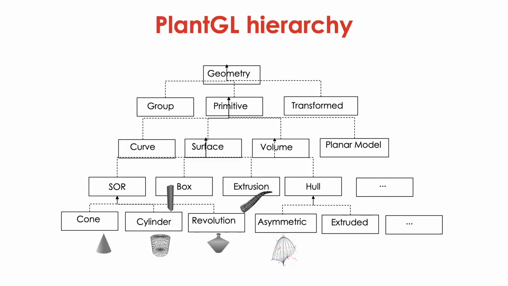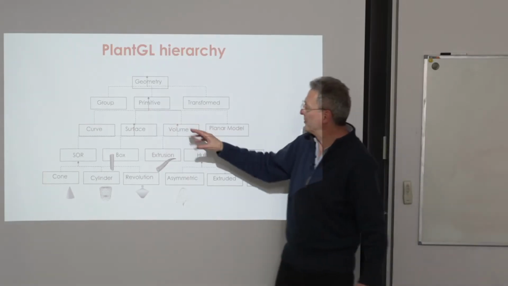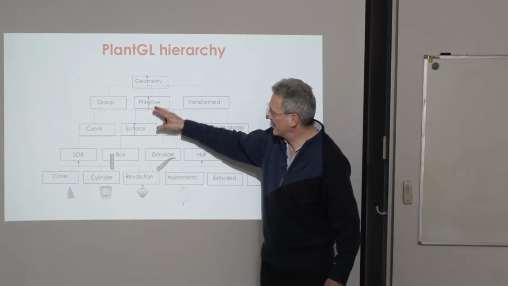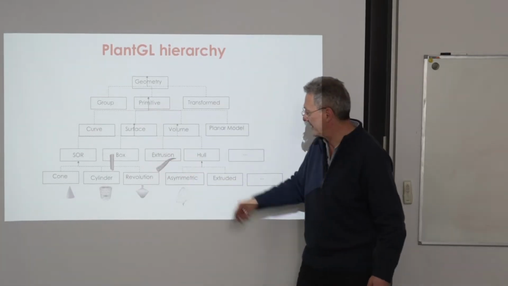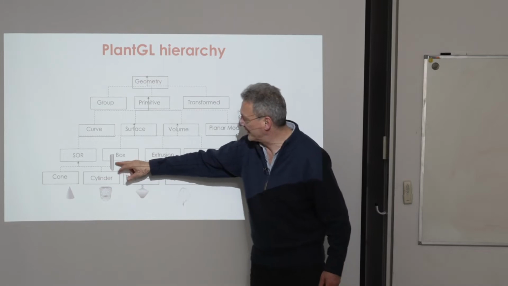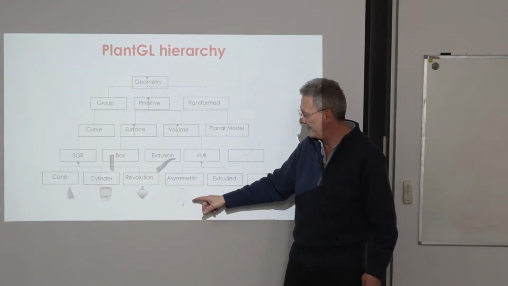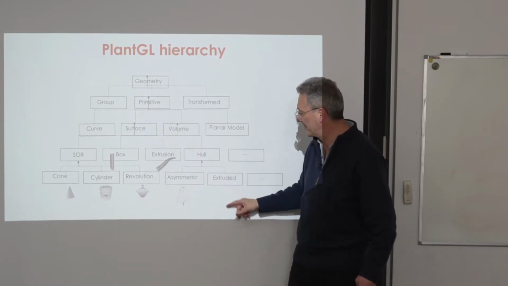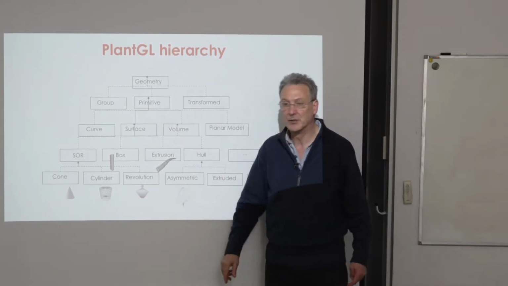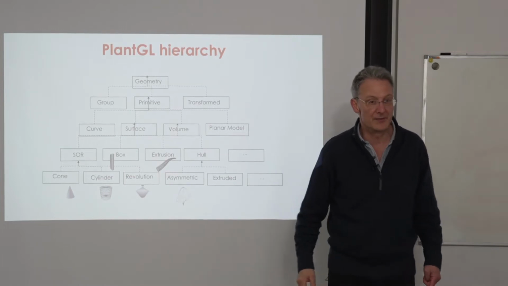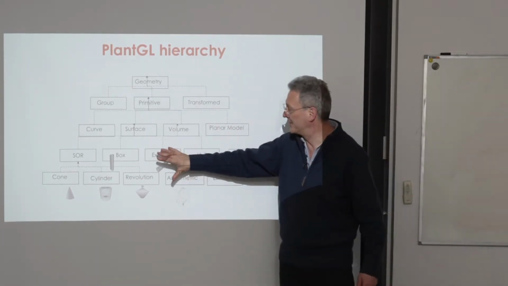So the PlantGL library comes as a sort of hierarchy of objects, with simple objects in the primitive hierarchy, like boxes or cones, and more complex objects like asymmetric cones, extruded hulls, extrusions. So the swept surfaces and all this are in this part.